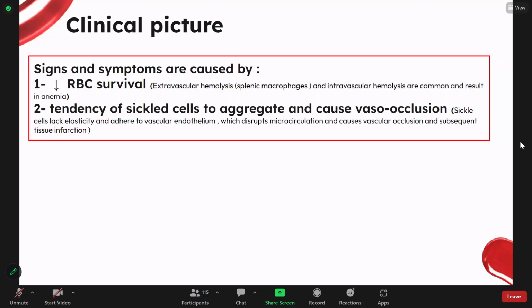So the decrease in RBC survival leads to anemia. The second is the tendency of sickle cells to aggregate and cause vaso-occlusion, as the sickle cells have more adhesion molecules and lack elasticity, leading to occlusion of microcirculation and tissue infarction.